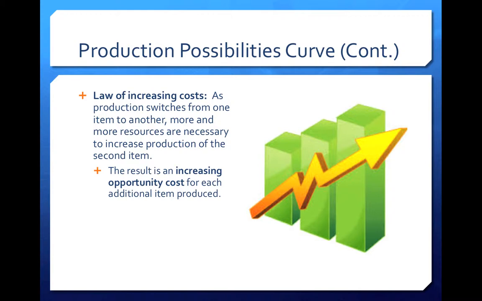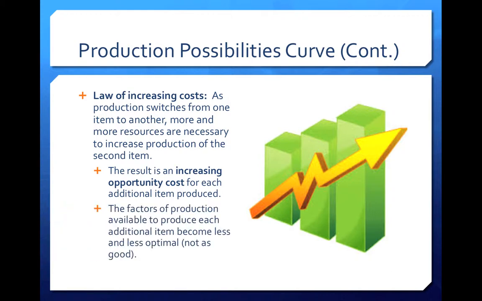The result is an increasing opportunity cost for each additional item produced, and the factors of production available to produce each additional item become less and less optimal, okay, as you use more and more.